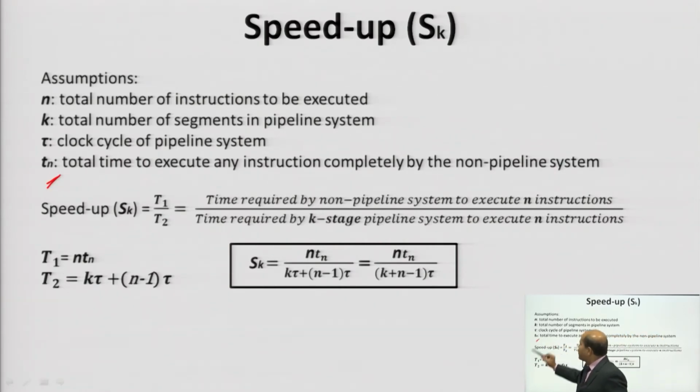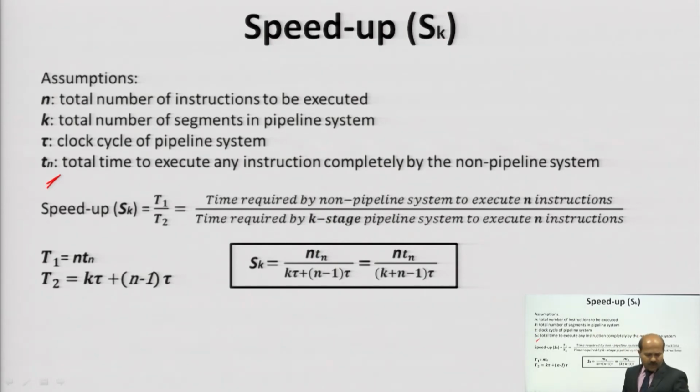Small t n is the total time taken by the non pipeline system to execute an instruction. Keep it in mind: t n is the total time taken by the non pipeline system to finish the instruction completely.